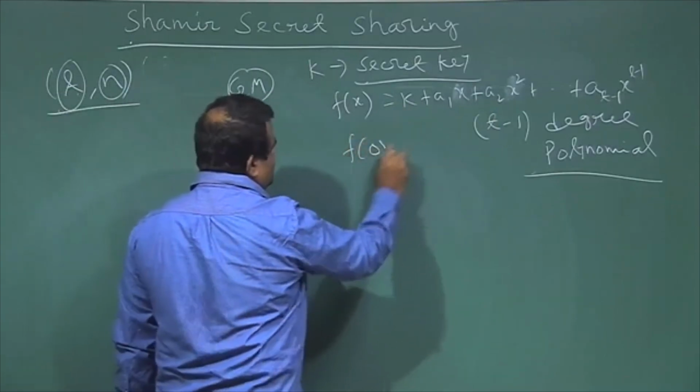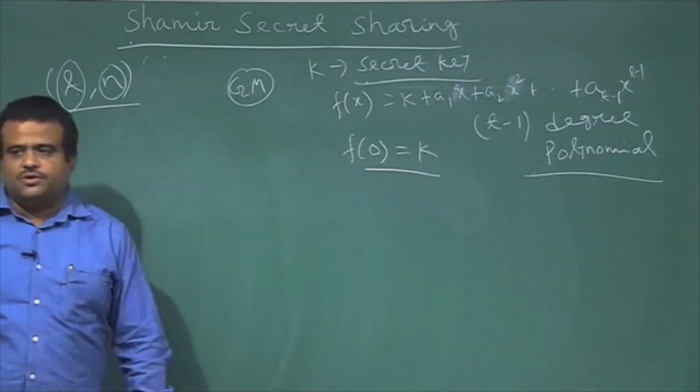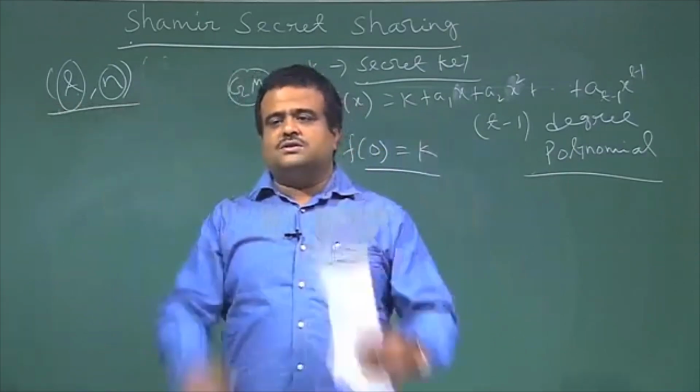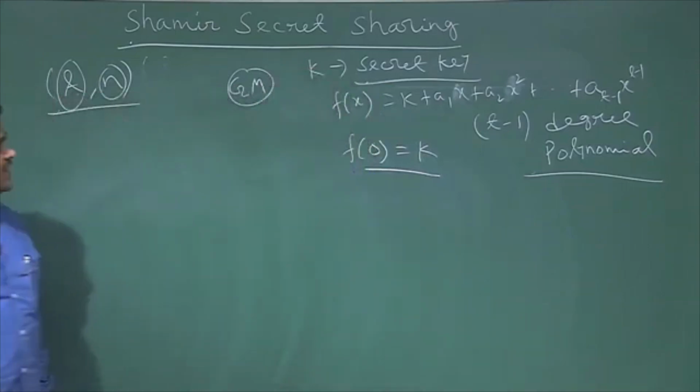That means f(0) is the secret key which we are going to share among the n users, so that if t users come together, they should be able to recover this secret.